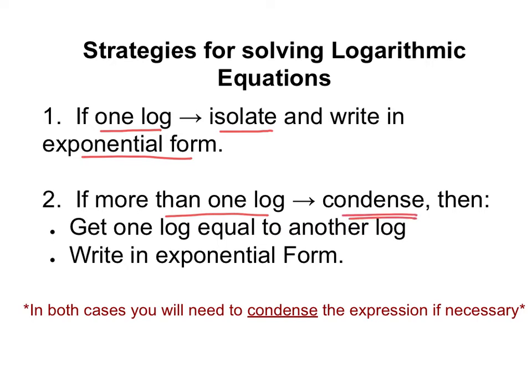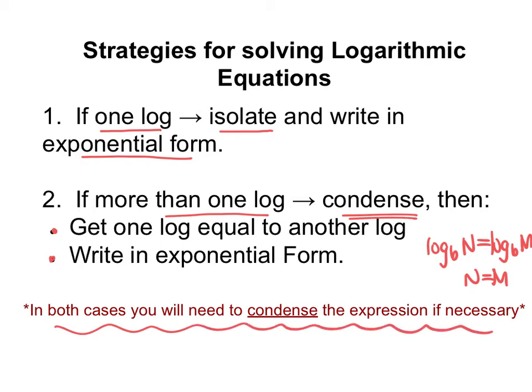First thing, you will condense, if you can. Once you condense, you're either going to do the first bullet point, get one log equal to one log, because then you can use that log base b of n is equal to log base b of m. So you could say n is equal to m that I just showed you, or you can go to step number one and write in exponential form. But in both cases, you need to condense the expression whenever possible.